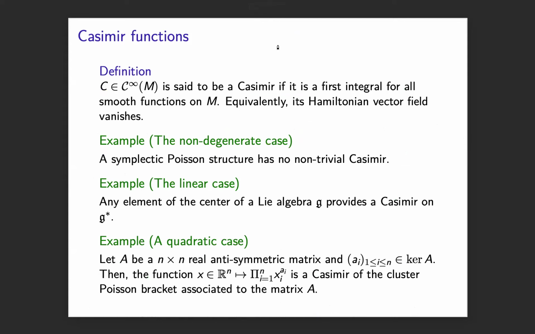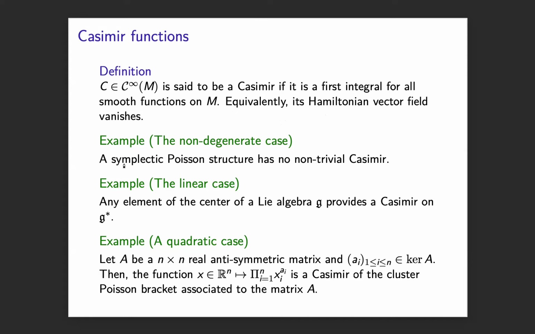So the first integrals are functions that commute with H. And there are stronger functions that are called Casimir, and those functions commute with any other function. So definition: C, a smooth function, is said to be a Casimir if it is the first integral for all smooth functions on M, and equivalently, its Hamiltonian vector field vanishes.